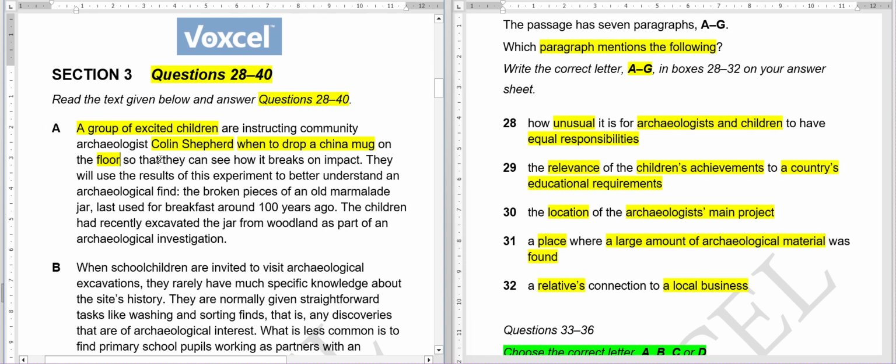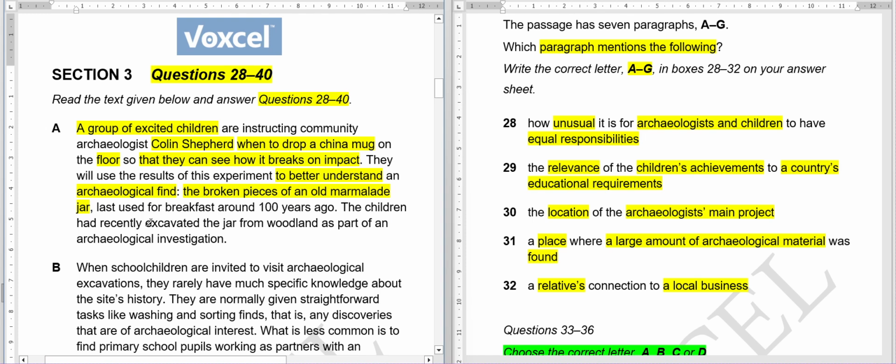They will use the results of this experiment to better understand an archaeological find, the broken pieces of an old marmalade jar. So they have found an old marmalade jar's broken pieces, and they want to see how it must have broken.